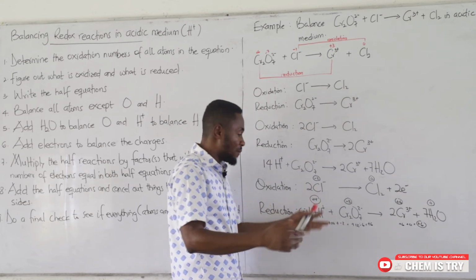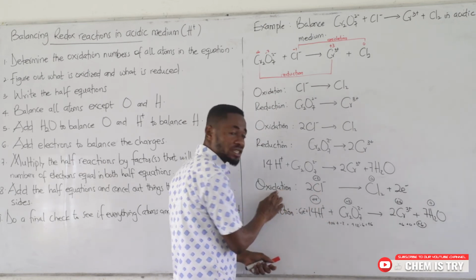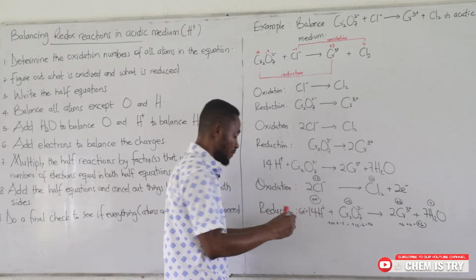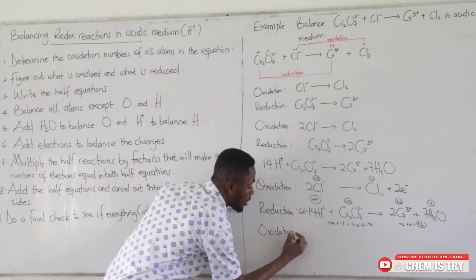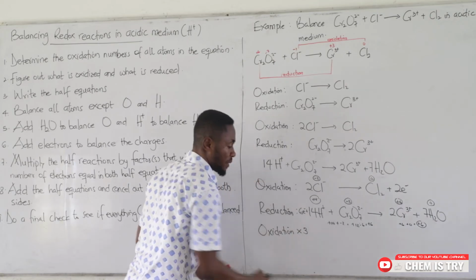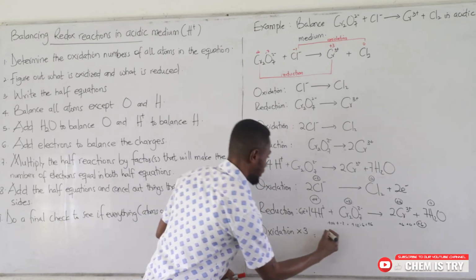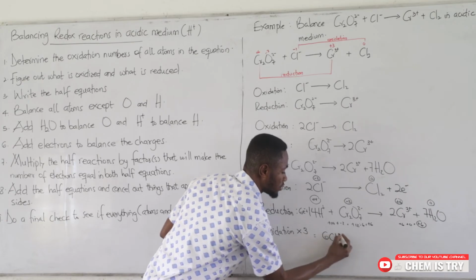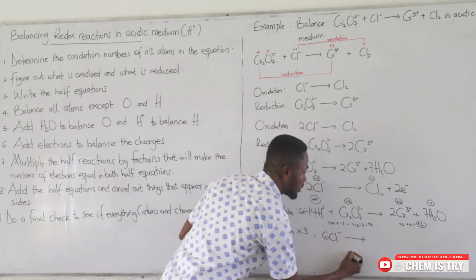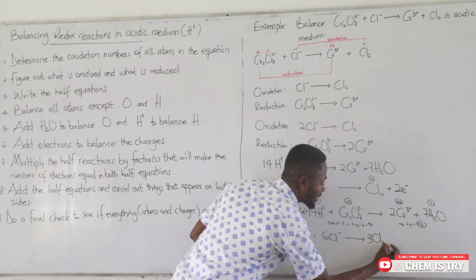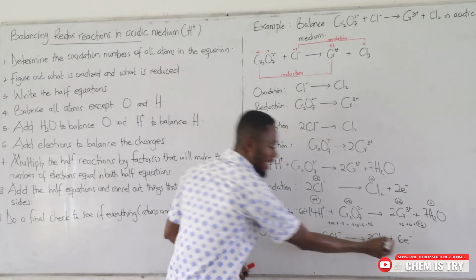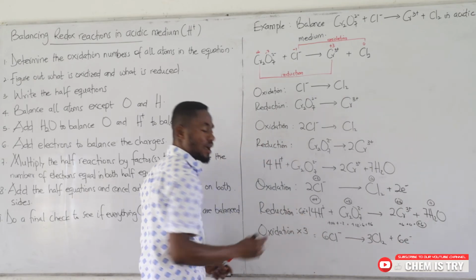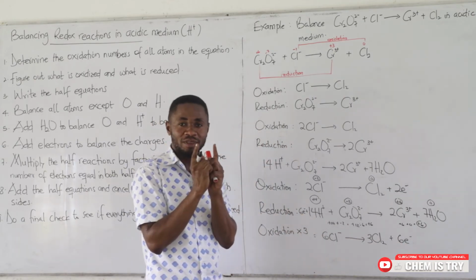So to make them the same, we can multiply the oxidation half reaction by 3, and that one will give us 6 chloride ions going to produce 3 chlorine gas plus 6 electrons. Now you realize the electrons over here and there are the same.